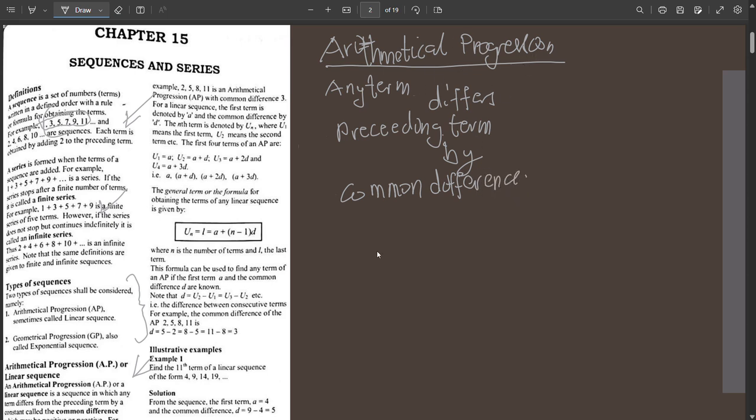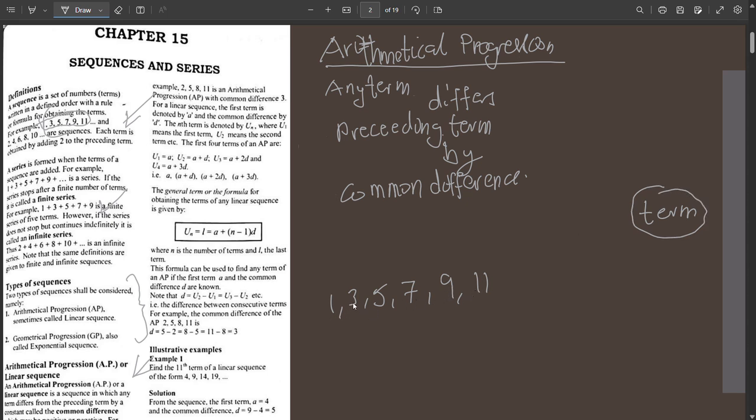Any term means that you take any series or any sequence. So let's take 1, 3, 5, 7, 9, 11. This is our sequence. Any term means we can take this term, this term, this term. If you don't know what terms are, a term represents any component of the sequence.